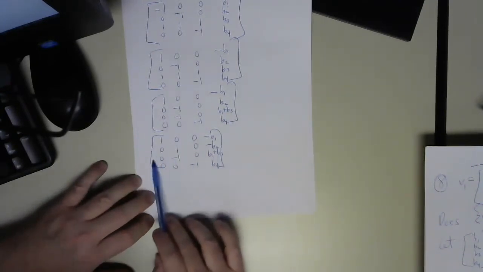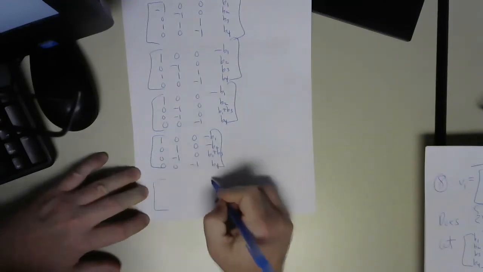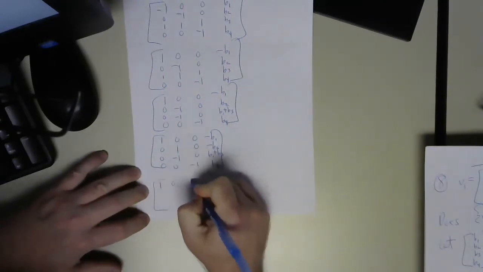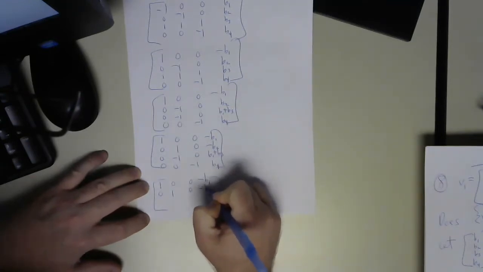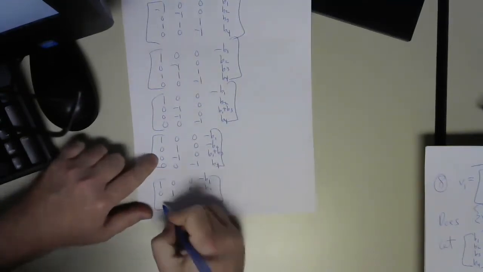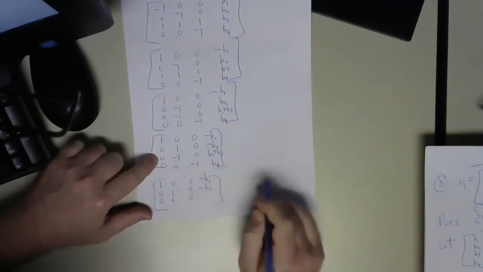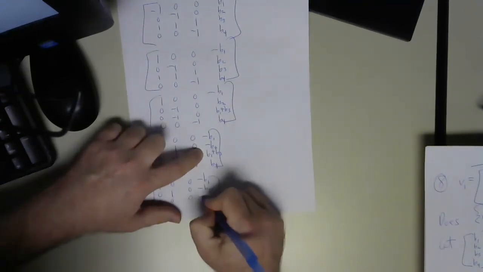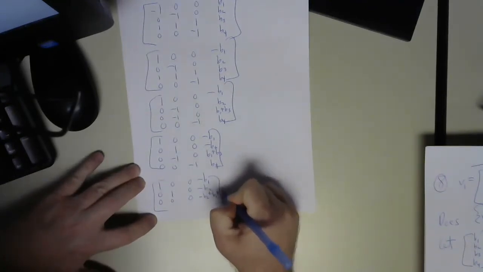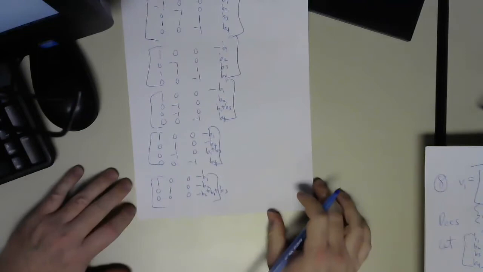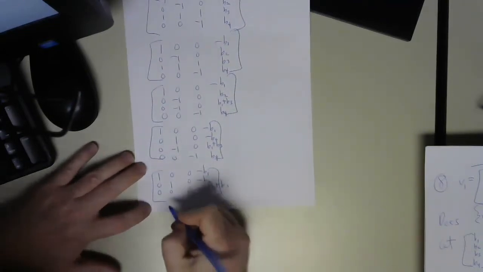So I'm just going to add row 2 to row 3 to make it a 0. The other rows I'm going to leave alone. So row 2 plus row 3. And it looks like the last row is okay the way it is for right now.